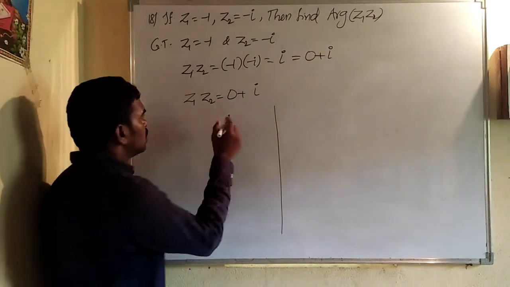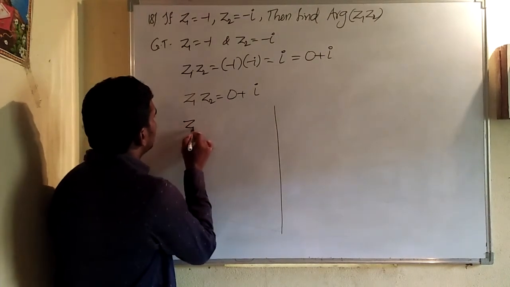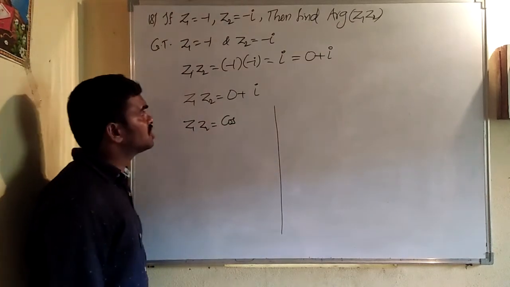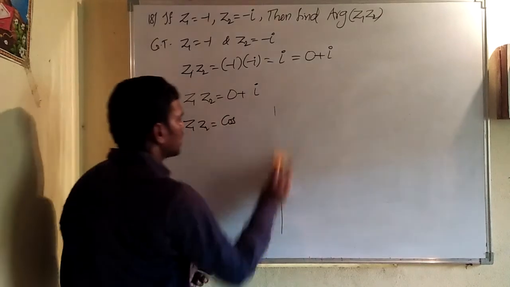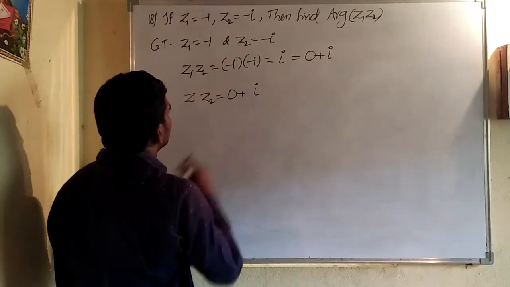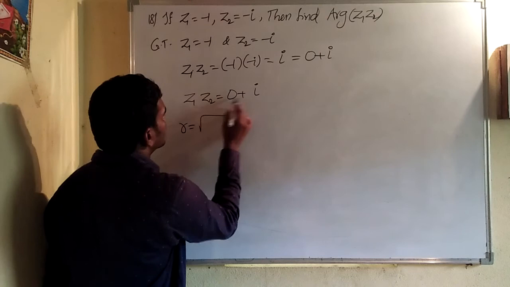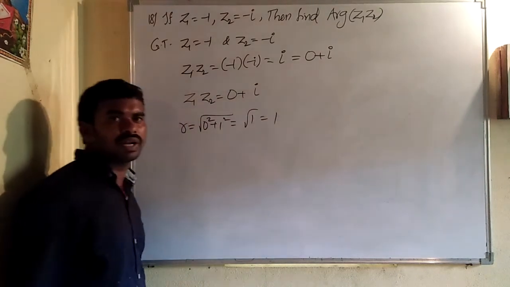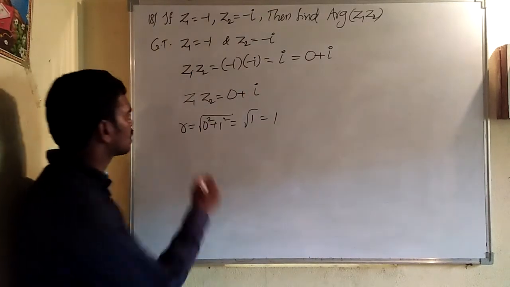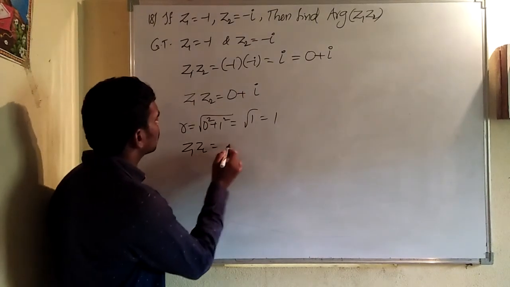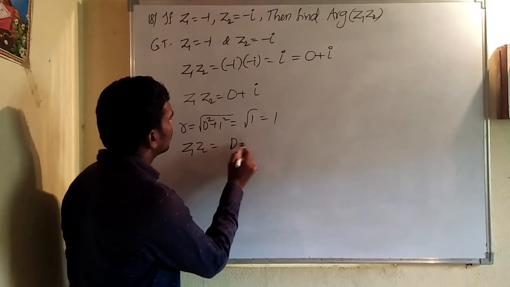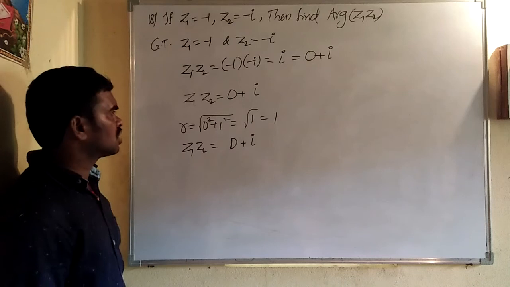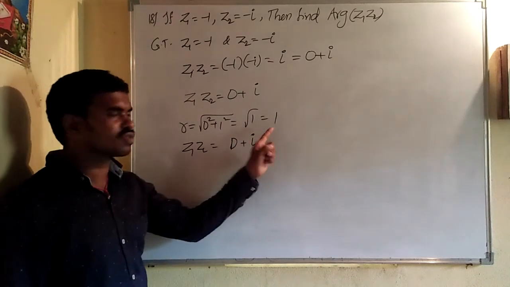Here r equal root of x square plus y square, which is root of 0 square plus 1 square, equal to 1. Multiplying and dividing with 1 gives the same answer, so z1 into z2 is 0 plus i only, and there is no need to find the r value.